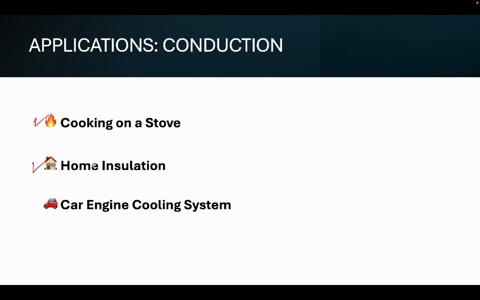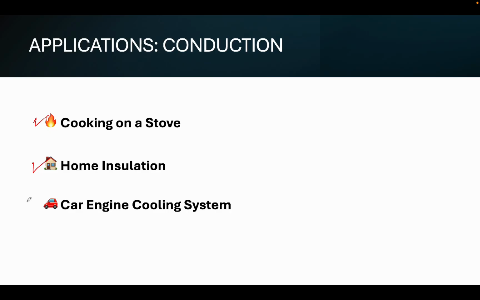Foam here in the Philippines is not commonly used for that, but mostly in the US or in other countries they put foam in between the walls, inside the wall. It is to reduce the conduction of heat and to keep the interiors warm. So that is for home insulation. Why conduction? Because insulators have low thermal conductivity, so it prevents heat loss.